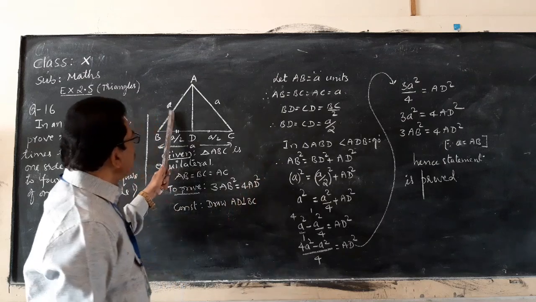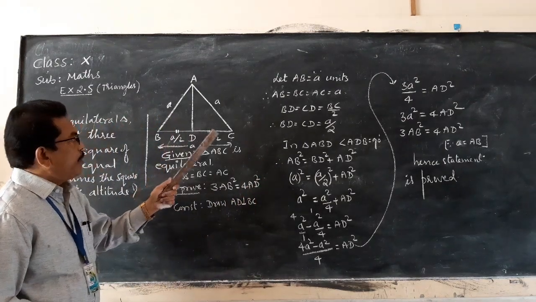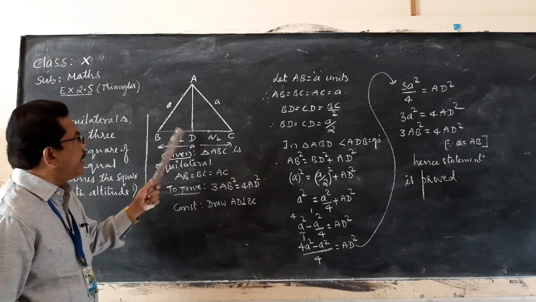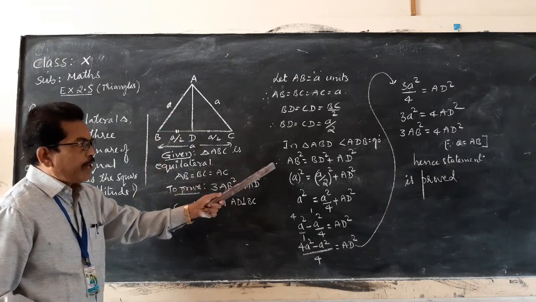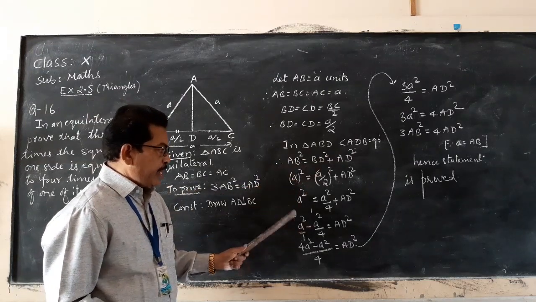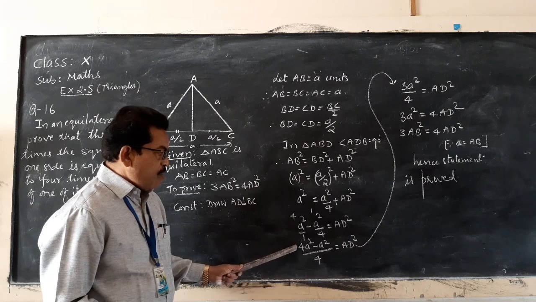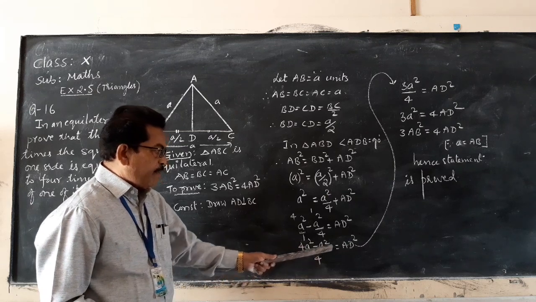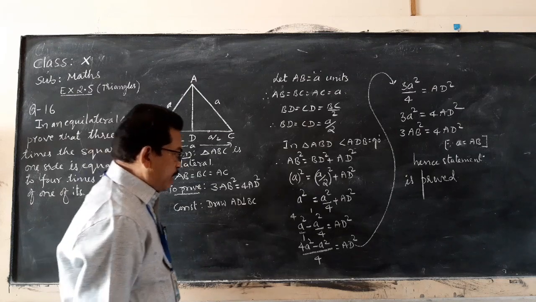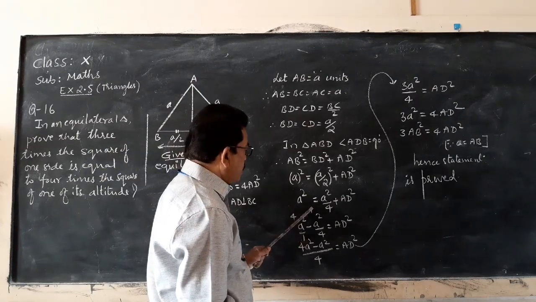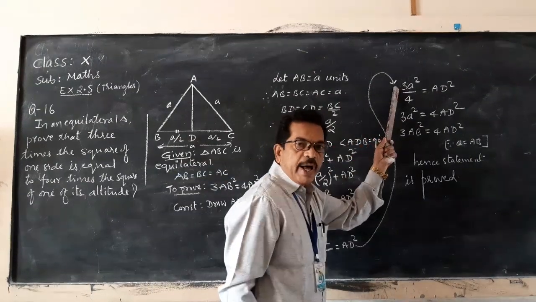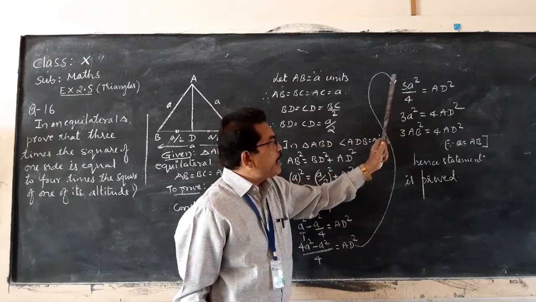Then I have considered the triangle ABD, which makes an angle of 90 degrees at ADB. So AB square equals BD square plus AD square. That value is substituted. After simplification, we have 4A square minus A square divided by 4 equals AD square, that is 3A square by 4 equals AD square.